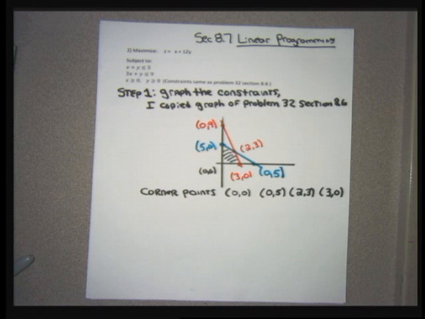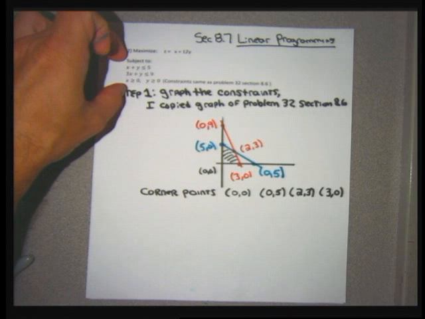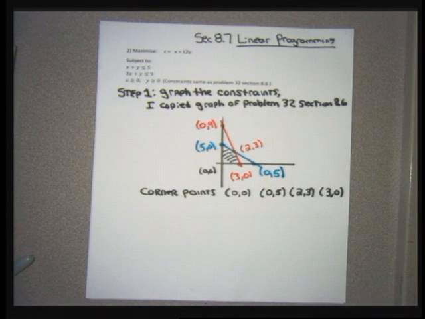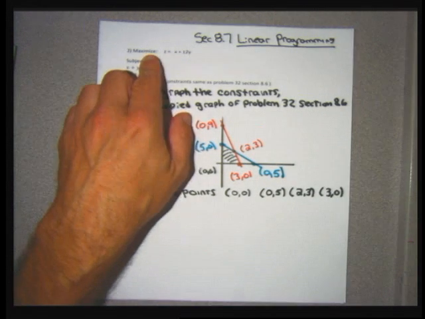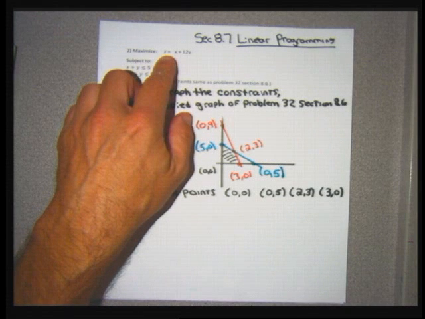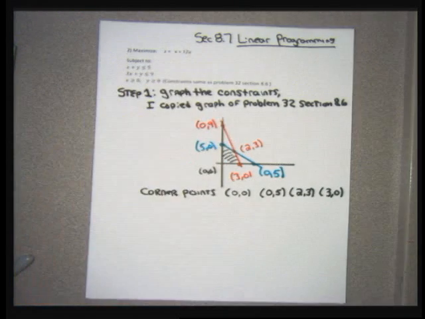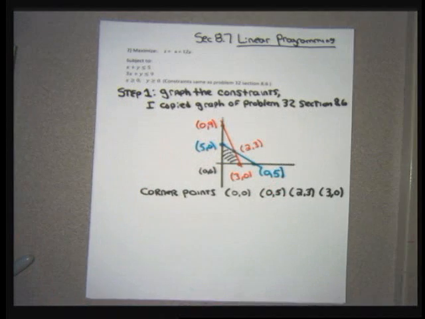So to solve a linear programming problem, the first step is to graph the constraint equations and find the corner points. There's a theorem called the fundamental theorem of linear programming, which says if your goal is to maximize or minimize an objective function or a target function subject to constraints, and all the functions are linear, there aren't any squares or cubes, then the maximum, if you're trying to get the maximum value, or the minimum value, always occurs at a corner point.